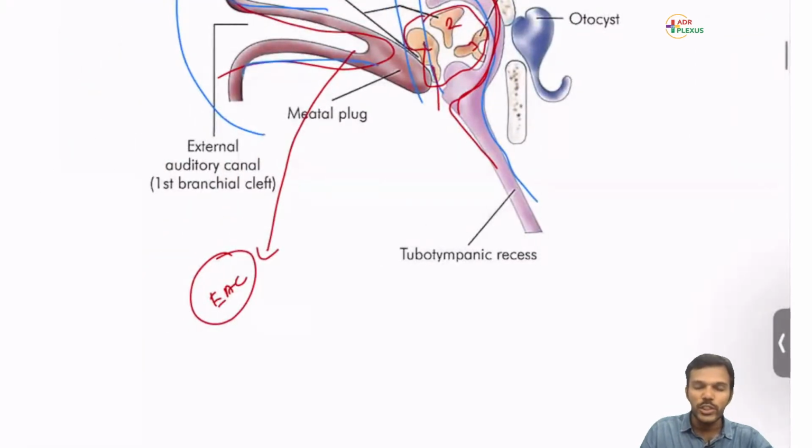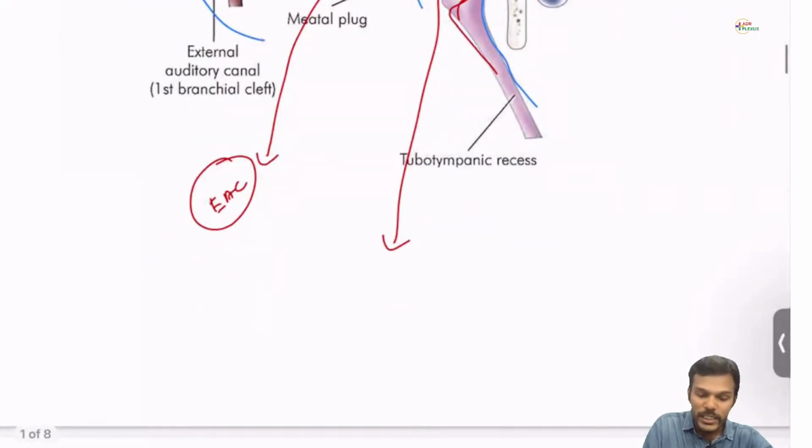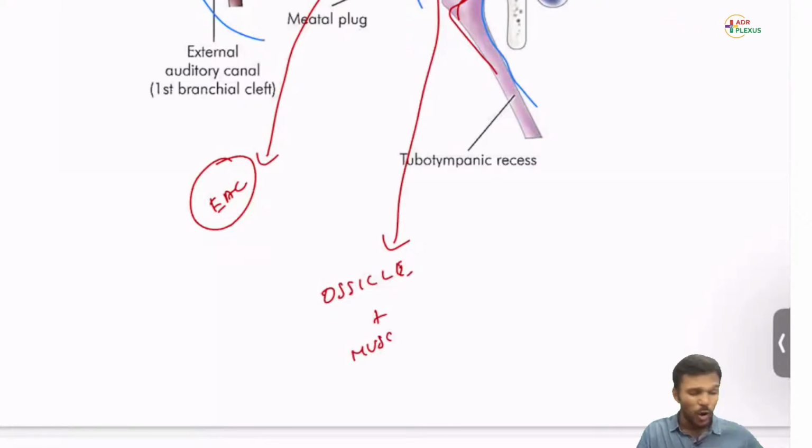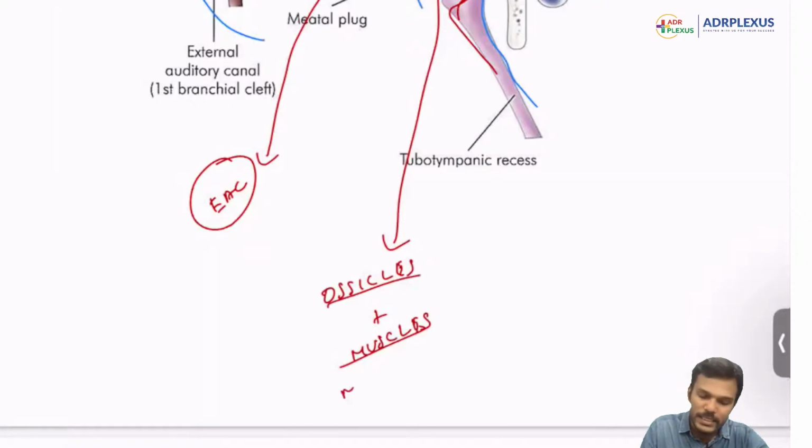Next one. The structures of the middle ear, which are ossicles plus muscles, develop from mesenchyme.